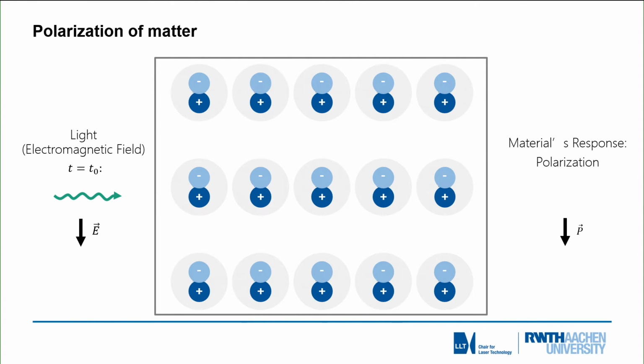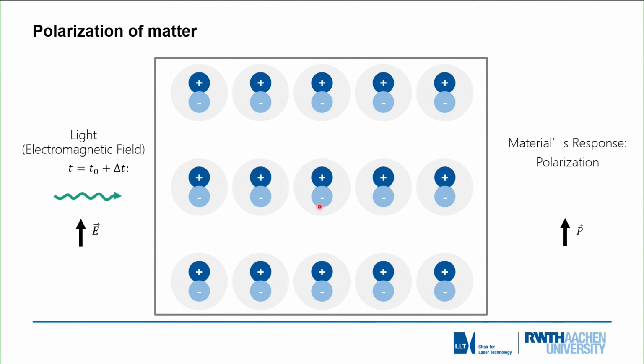Imagine you apply an electric field to some atomic system. What we get is a polarization, so the electric field polarizes the matter, and the polarization direction, of course, depends on the direction of the electric field. If we turn this around, of course the polarization will again change by 180 degrees, and we will have the polarization in the exact opposite direction.